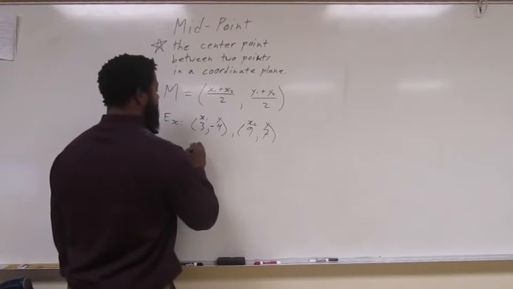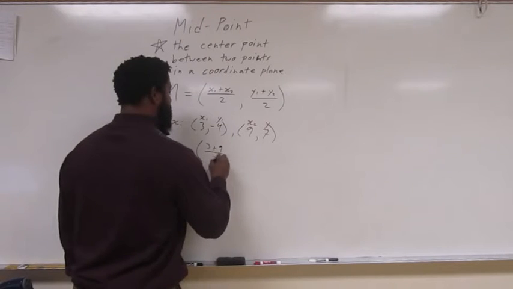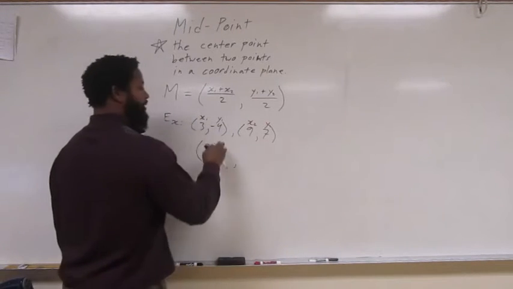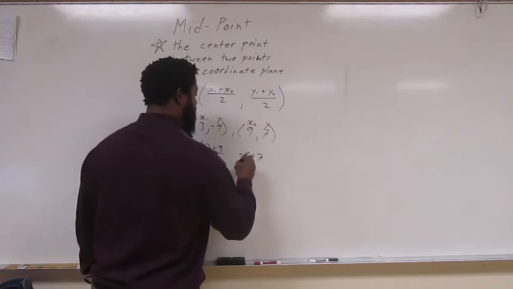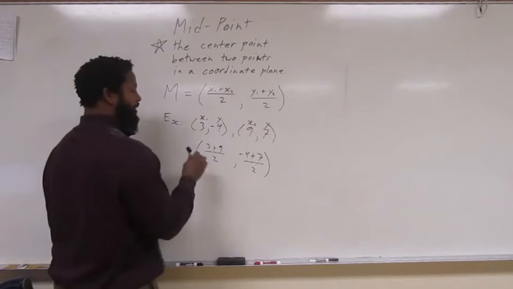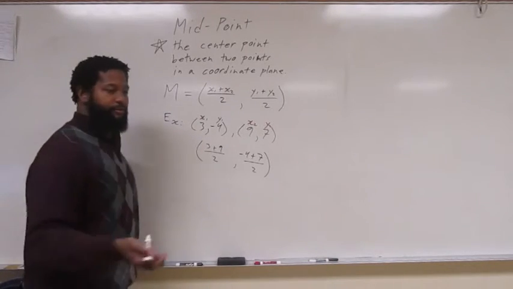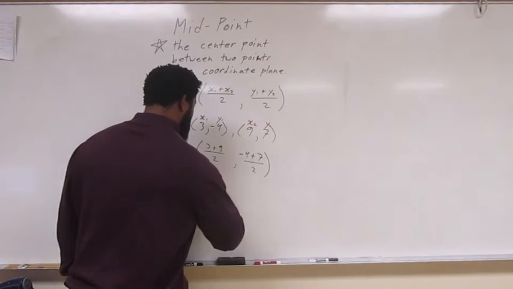So you have 3 plus 9 over 2, comma, -4 plus 7 over 2, okay? Therefore, what's 3 plus 9? 12. So therefore we have 12 over 2.